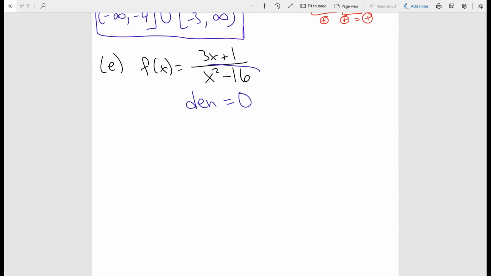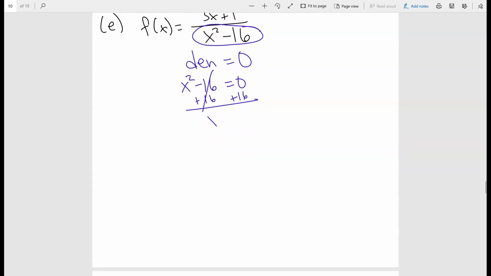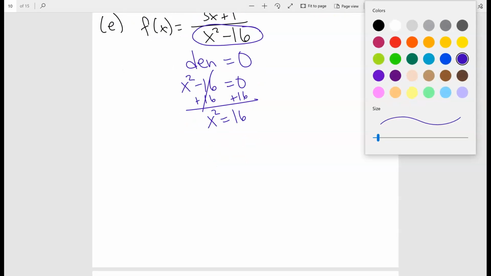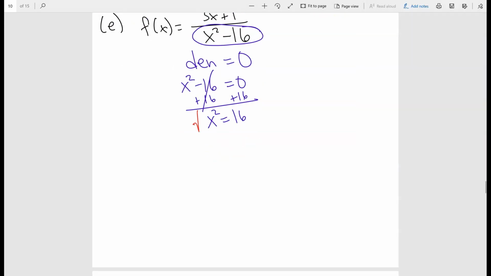In this case, the denominator is x squared minus 16. So x squared minus 16 equals 0. You're going to add 16 to both sides. So you're going to have x squared is equal to 16. And now you're going to take the square root. And then you're going to add a plus or minus. So you're going to have x is equal to plus or minus 4.